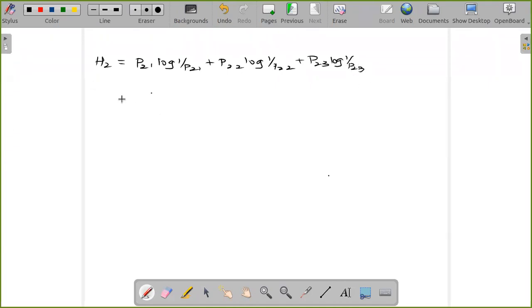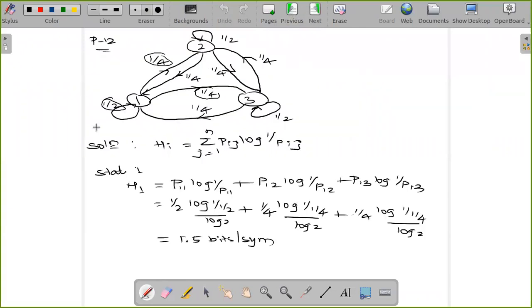Now what is the value of P21? As I said, there should be a connection from state 2 to state 1. With what probability? Let us see that.